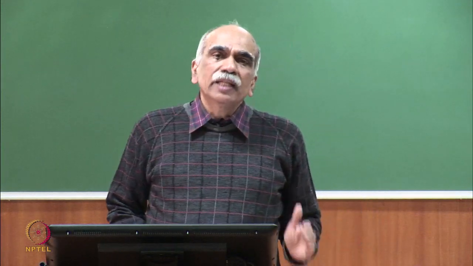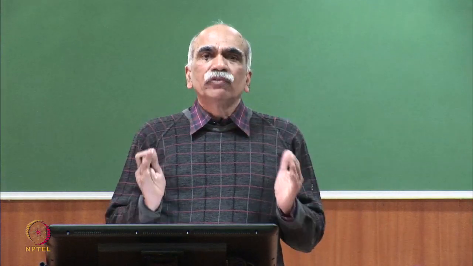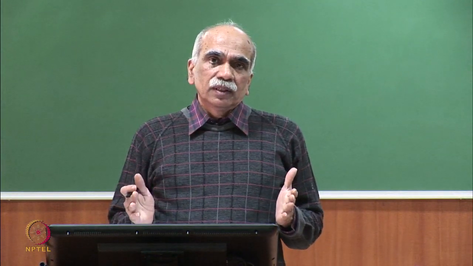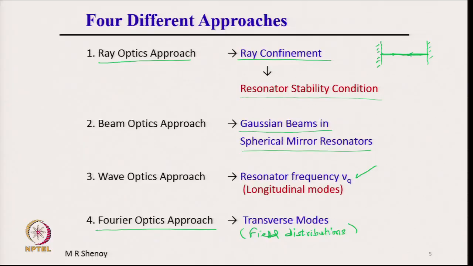Resonators are said to be stable if the rays are confined to the resonator. Then we will use the beam optics approach to determine the Gaussian beam of the resonator for spherical mirror resonators, and then using the Fourier optics approach, one can determine the transverse modes or field distributions of the resonator.